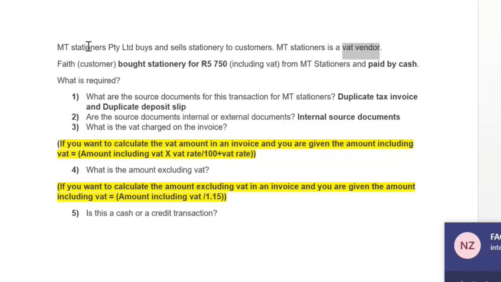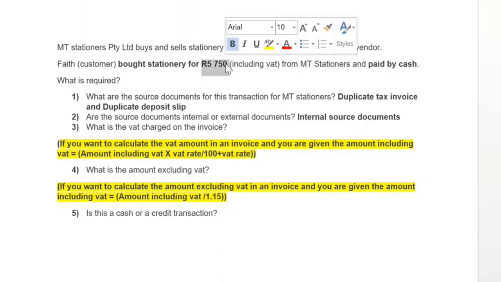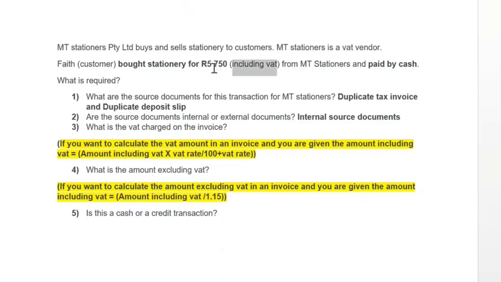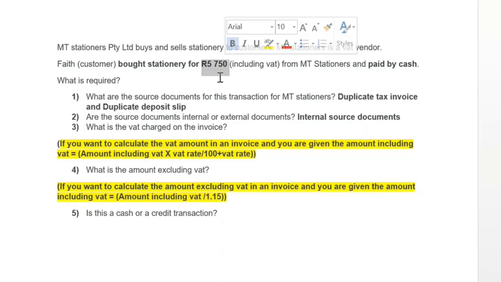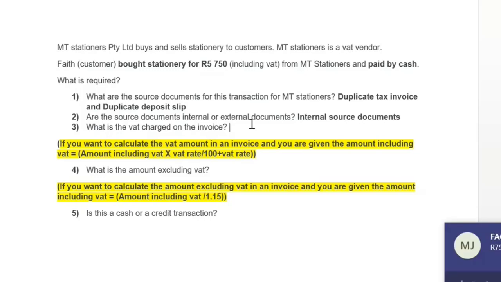So because MT Stationers is a VAT vendor, my question is, what is the VAT amount charged? MT Stationers charged 5,750, including VAT, on this invoice. So what is the VAT charged on the invoice? What is the VAT amount?